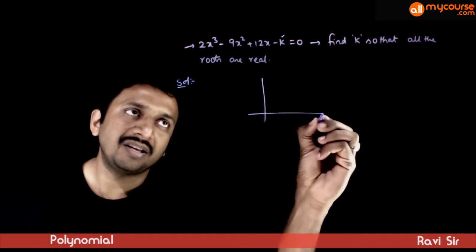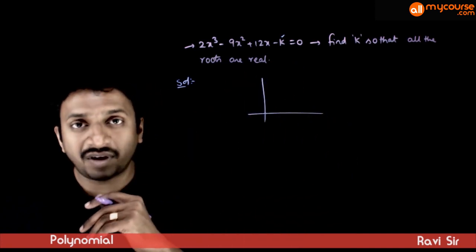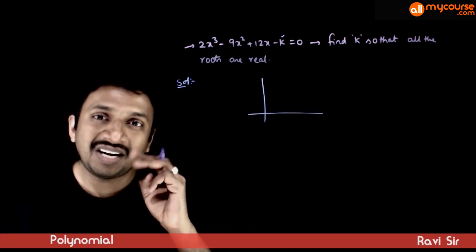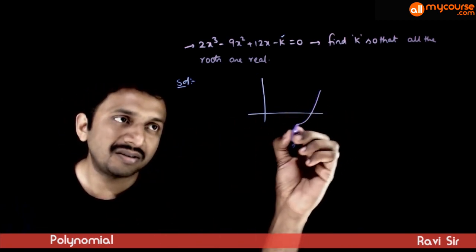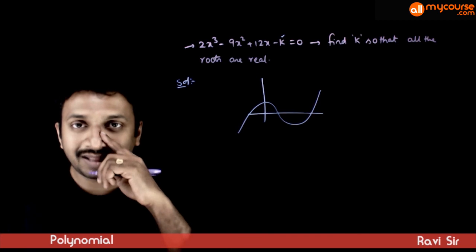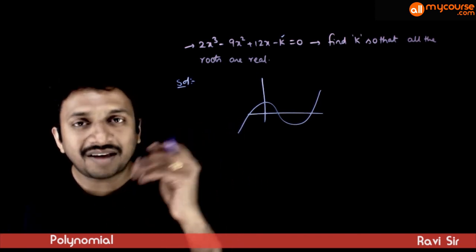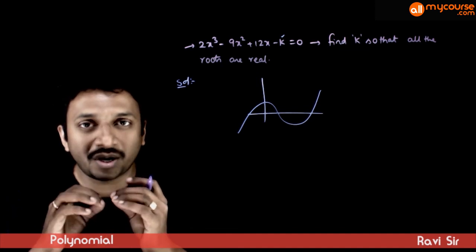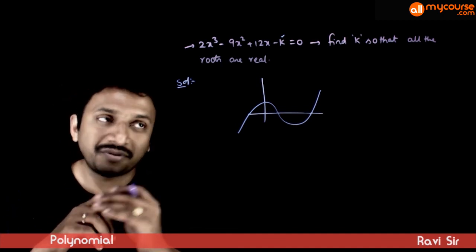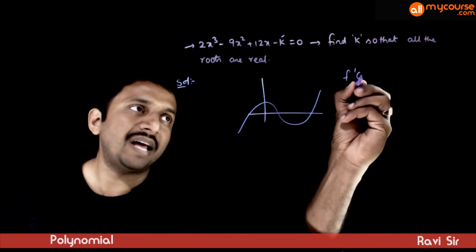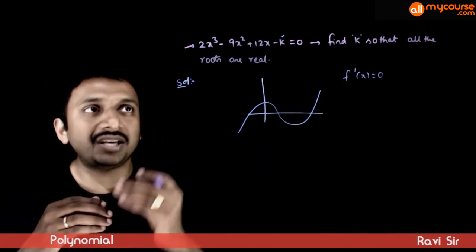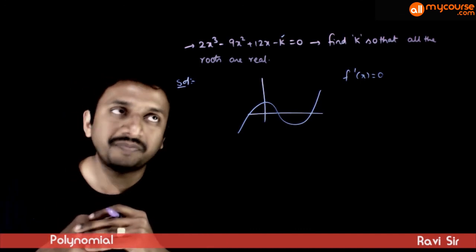So that means if you draw the graph of this function, it has to cut the x-axis at 3 distinct points. So the graph has to be like this. Now if the graph has to be like this, what should be the condition? So first I'll solve the equation f dash of x is equal to 0. So I'll see where the differentiation of this equation is 0.